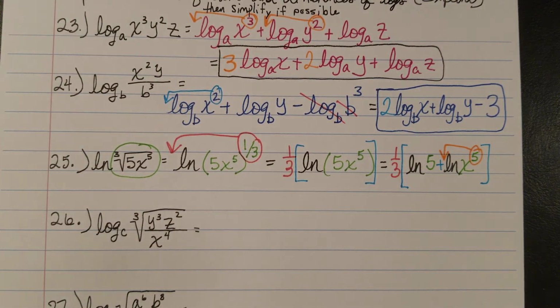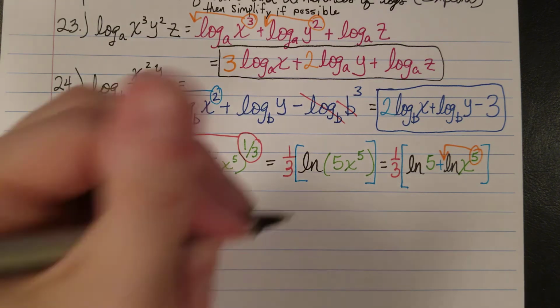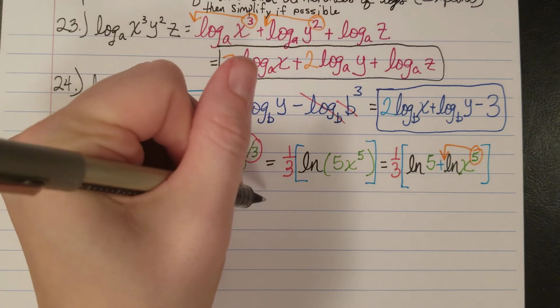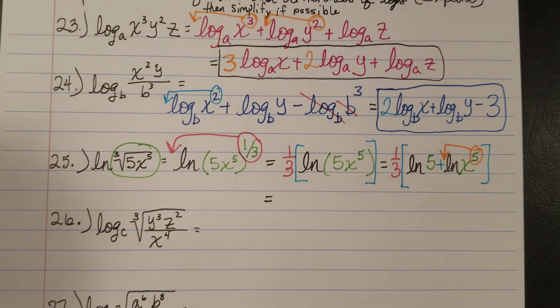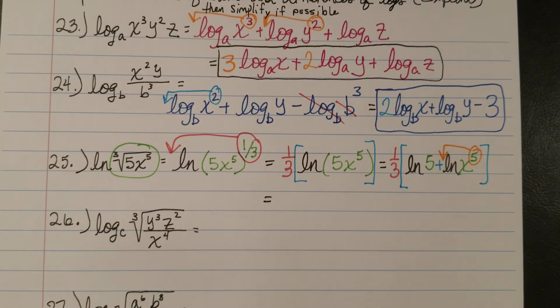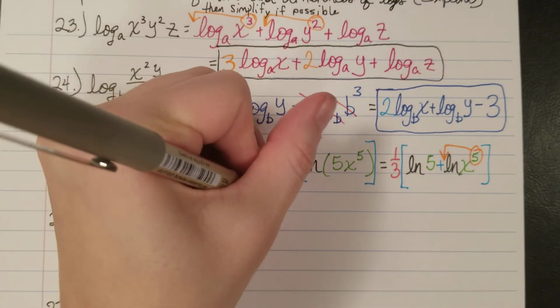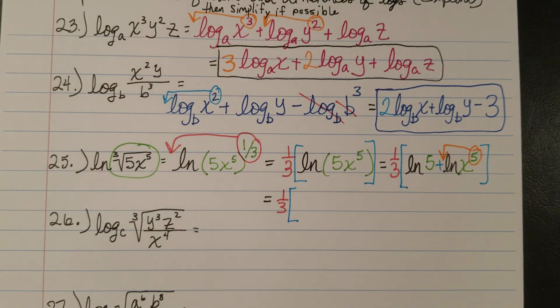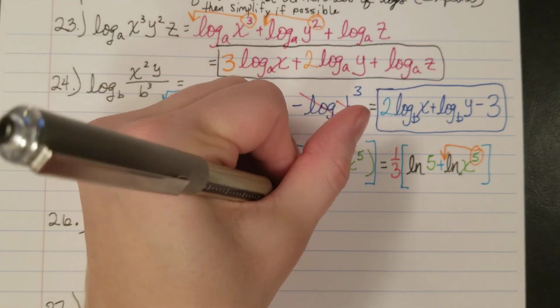I wish I had left myself more space. Where do I want to put this? Okay, I'm going to just put it right here. And let's see. Okay, so 1/3 bracket ln of 5.